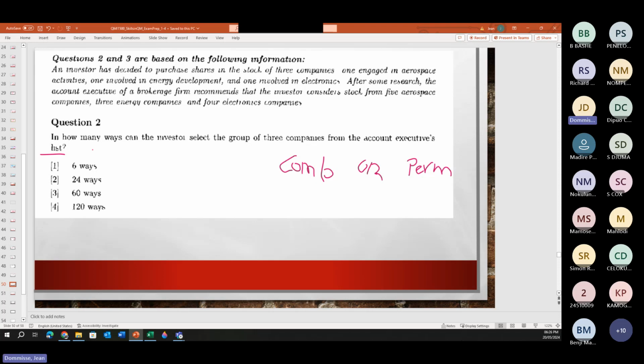Okay, so which one would you guys have gone for with this information? Combination or permutation? And the important thing is, when is it a combination and when is it a permutation?